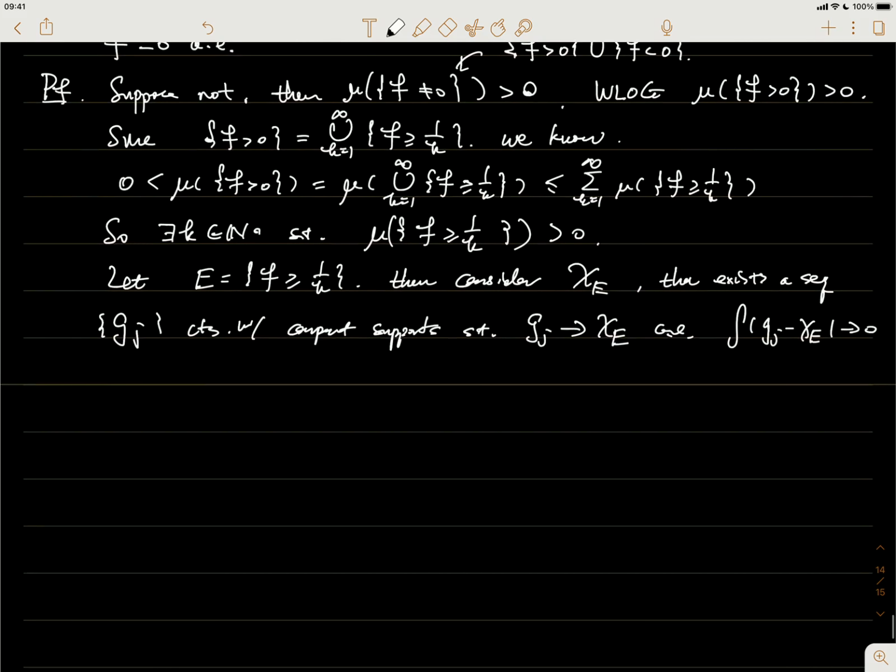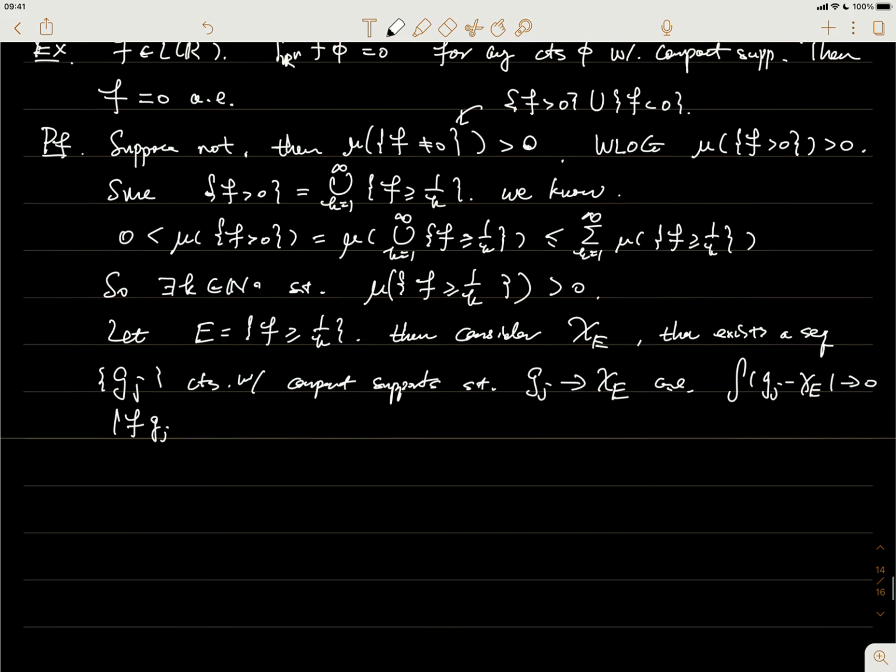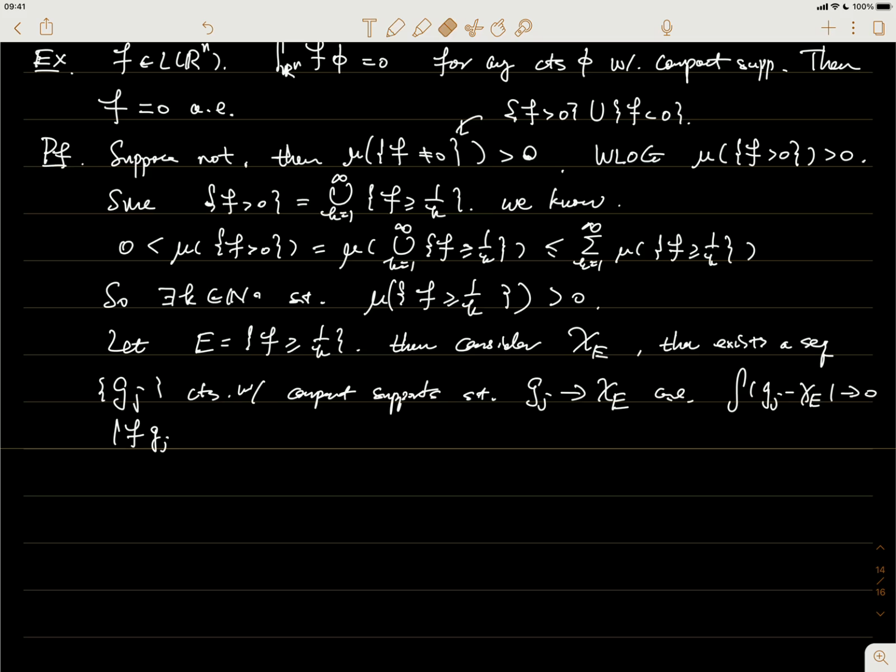Okay, and now you can see that the function f times g_j, maybe I should call it phi_j, since I used the continuous function phi earlier. This phi_j goes to K_E.